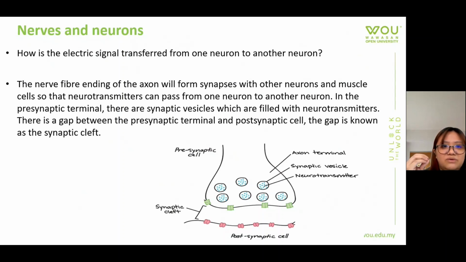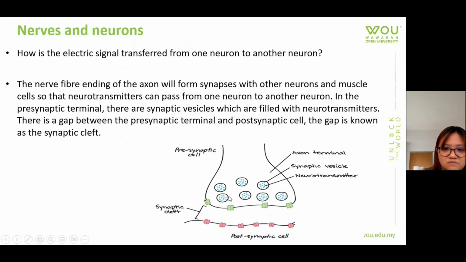In the presynaptic terminal, there are synaptic vesicles which are filled with neurotransmitter. The neurotransmitter is actually a kind of chemical, the chemical for communication, but it happens in humans. There is a gap between the presynaptic terminal and the postsynaptic cell, and the gap is known as the synaptic cleft. You can see from the picture, we have the presynaptic cell here, and it will carry all the neurotransmitter.